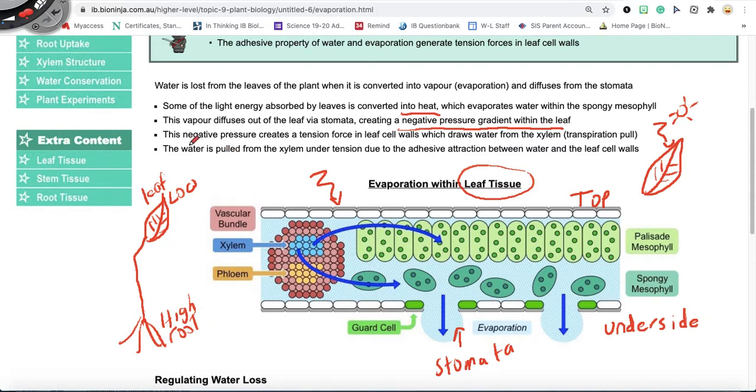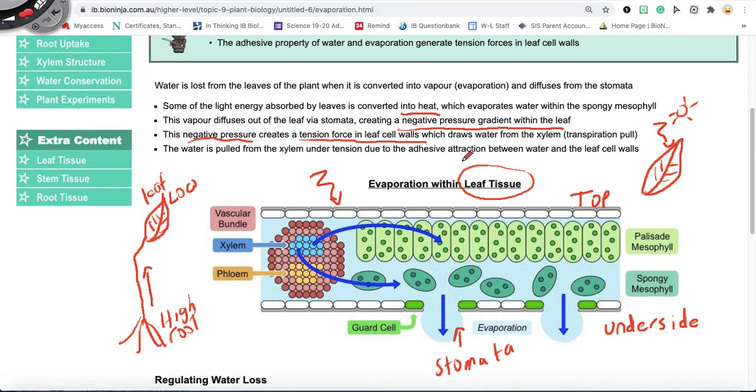So this negative pressure gradient is going to create a tension force in the leaf cell walls. So now in here, there's going to be tension within the leaf cell walls, and that is going to draw the water up from the high pressure in the roots to the low pressure in the leaf.